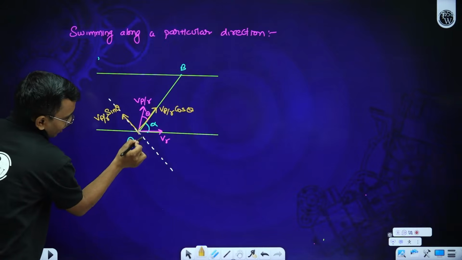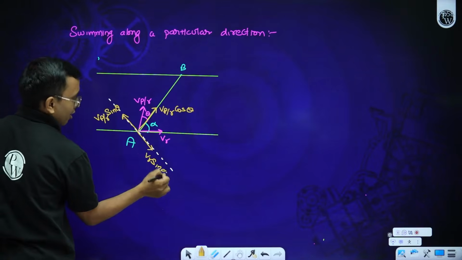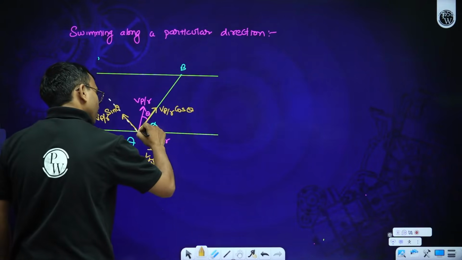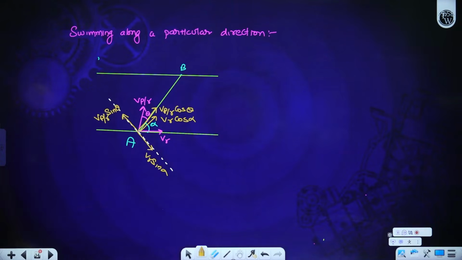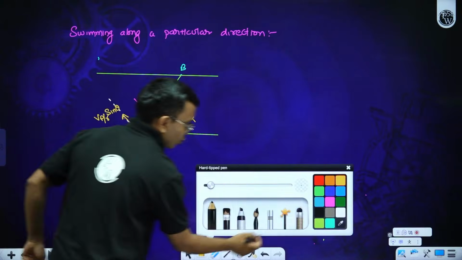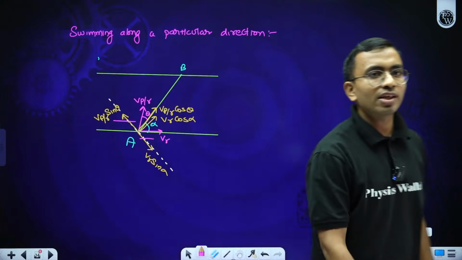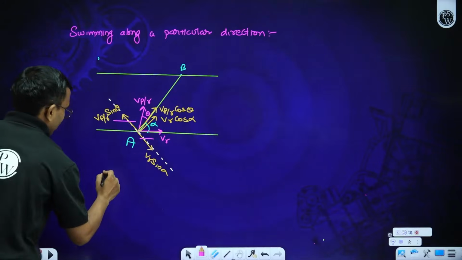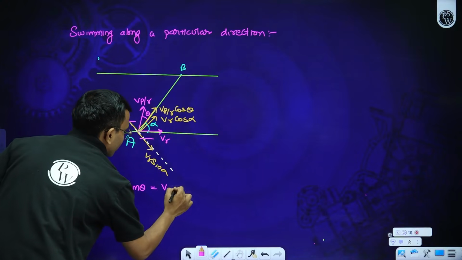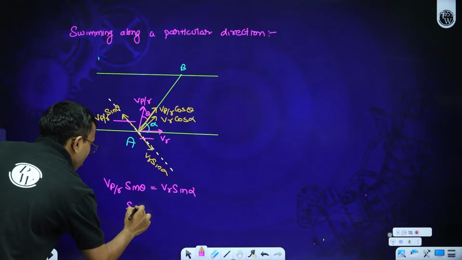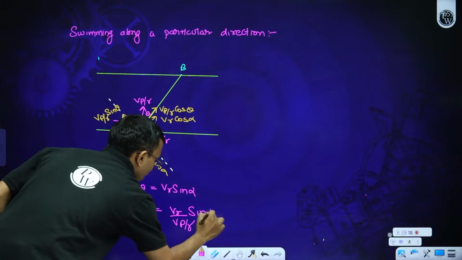Similarly, the velocity of the river perpendicular component will be velocity of river sine alpha, and the component along AB will be velocity of river cos alpha. These should cancel each other. So velocity of person with respect to river sine theta is equal to velocity of river sine alpha, and I got my value of sine theta.